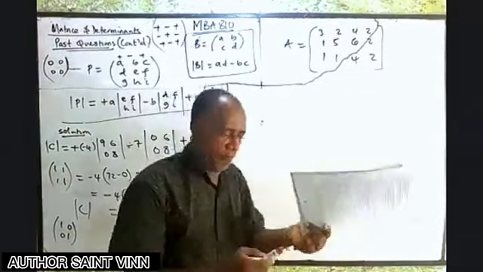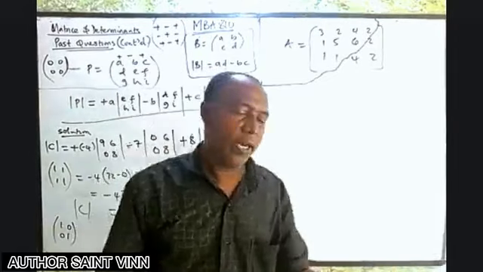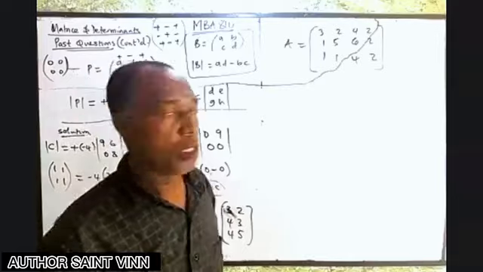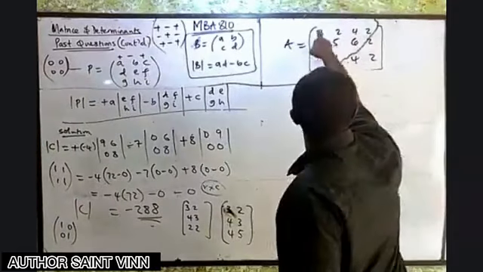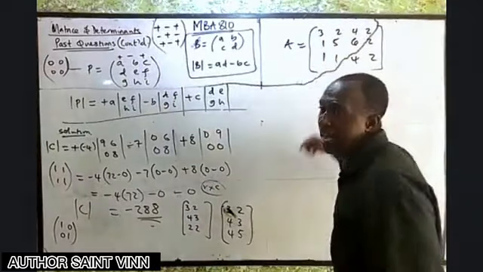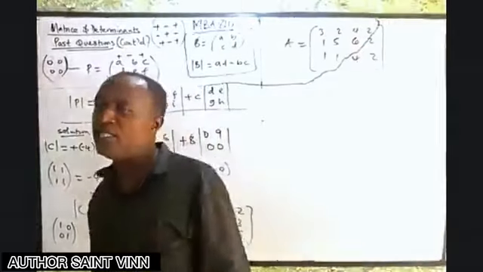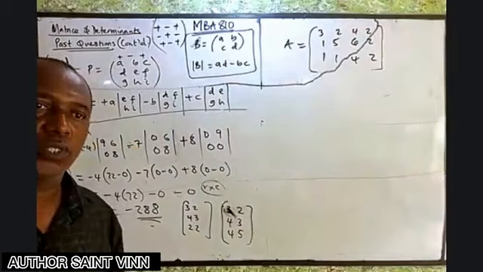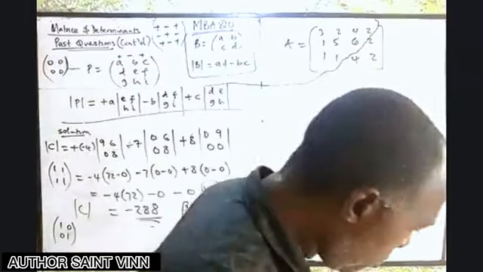Look at the first one: 3, 2, 1, 5. Is it inside? It's a submatrix, which is like a subset in set notation. Is that okay? Now the next one: 3, 2, 1, 2.